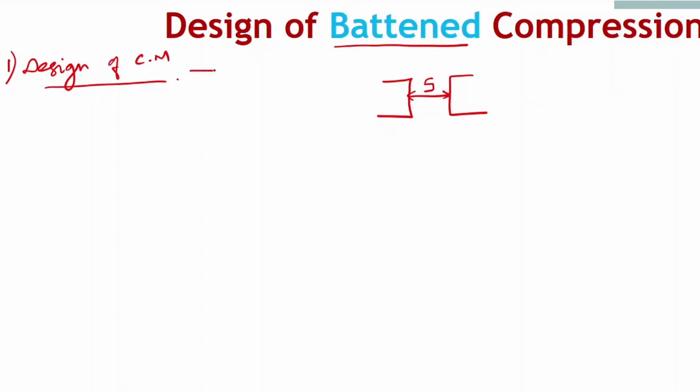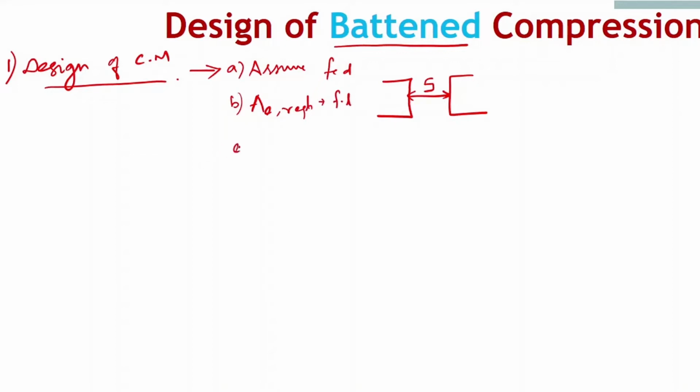In designing a compression member, the first step is to assume a design compressive stress fcd. Then you have to determine the area required to withstand the applied factored load.